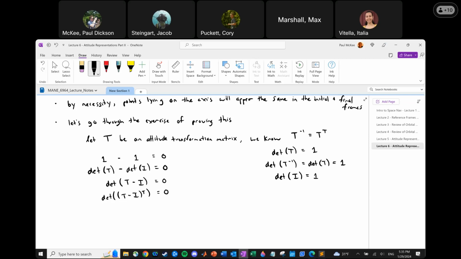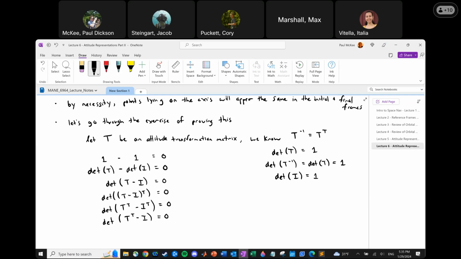Now you can actually distribute this, right? So this is the same thing as saying that the determinant of T transpose minus I transpose, well, I transpose is just the same as it is to begin with, is still 0. So put a little bit more simply, this is saying the determinant of T transpose minus I, right? Because I transpose is just itself, is 0.